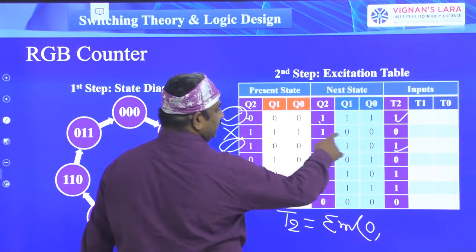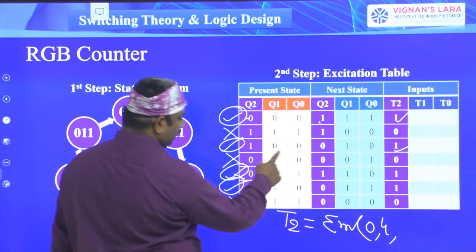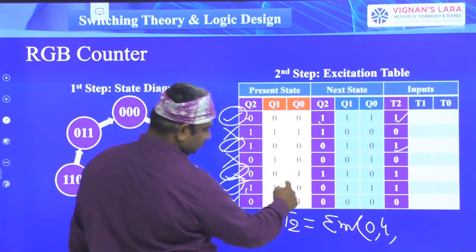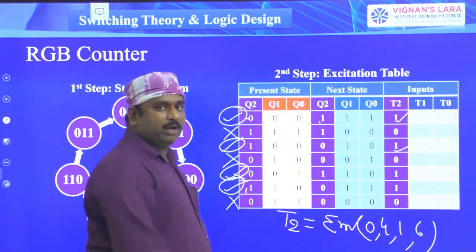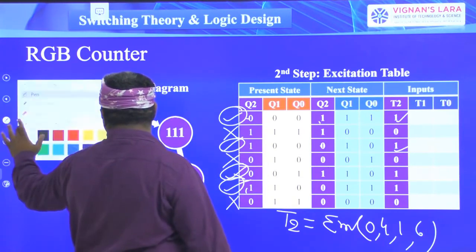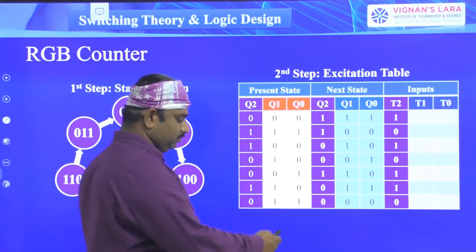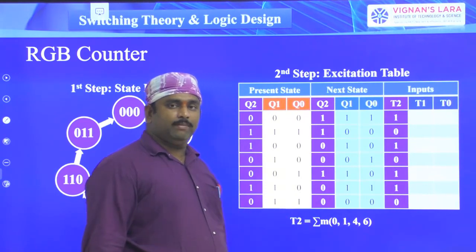Because it is 0. Okay. Next, this one 4, 0, comma, 4, comma. Next, this is 1, comma. Next 6. 0, 4, 1, 6. So this is the T2 Boolean expression. So see here, T2 is equal to sigma small m of 0, 1, 4, 6.